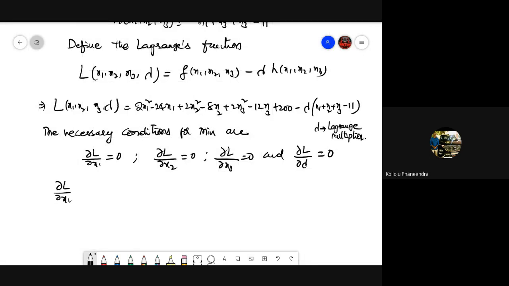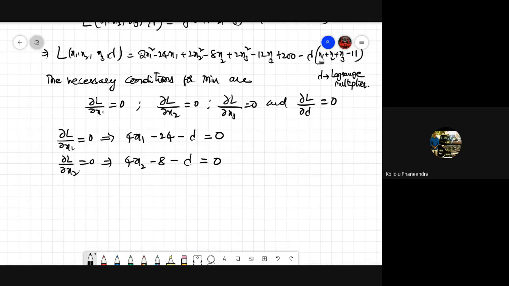Dou L by dou x1 equal to 0 gives 4x1 minus 24, and in terms of lambda, minus lambda, since the x1 derivative is 1. Next, dou L by dou x2 equal to 0 gives 4x2 minus 8 minus lambda equal to 0.